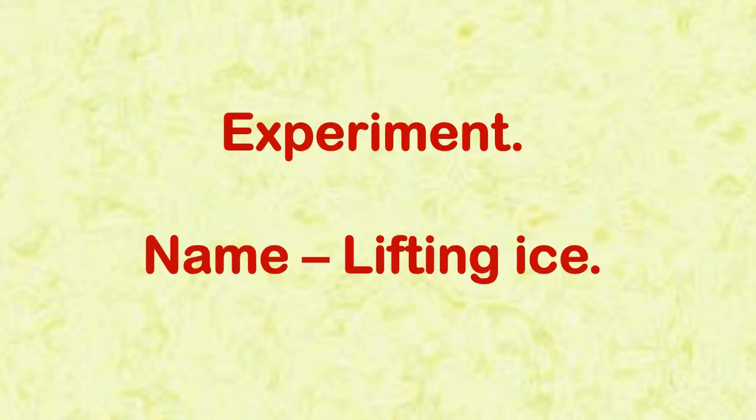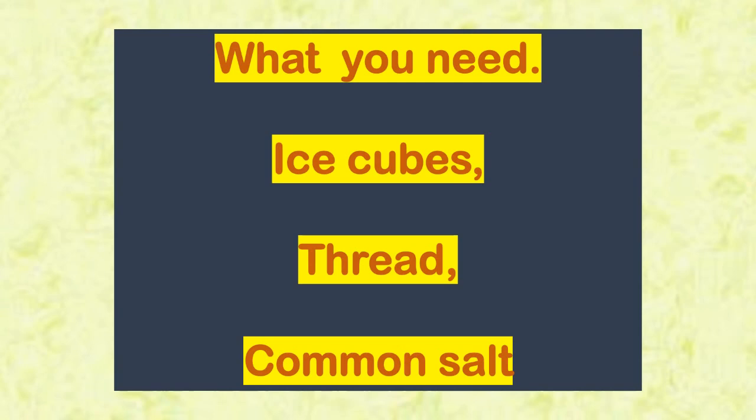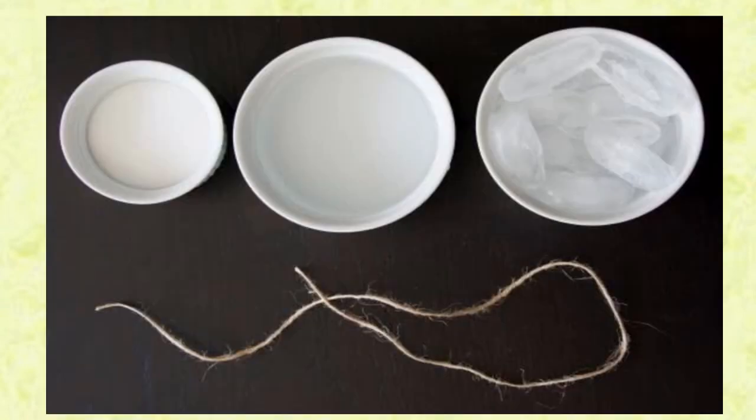Now let's start with the experiment, and our today's experiment is lifting ice. The things that we need for the experiment are ice cubes, thread, and common salt. Here is a picture of all the things that we are going to use.